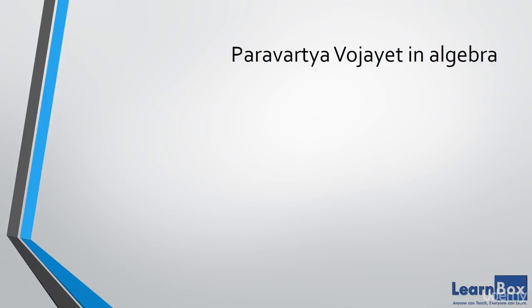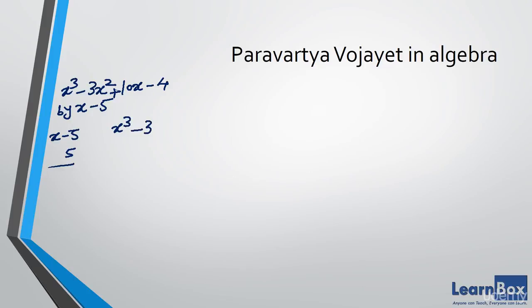Let's divide x cube minus 3x square plus 10x minus 4 by x minus 5. So let's transpose x minus 5 first. So this becomes 5. Now we'll write the dividend 1, minus 3, 10 and minus 4.